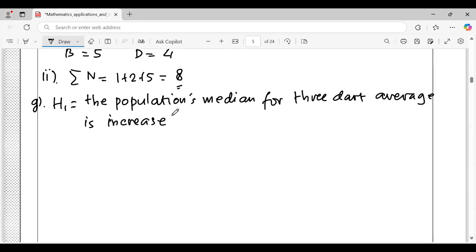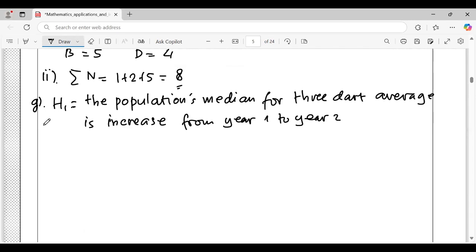Increase from year 1 to year 2. That is the alternative hypothesis.